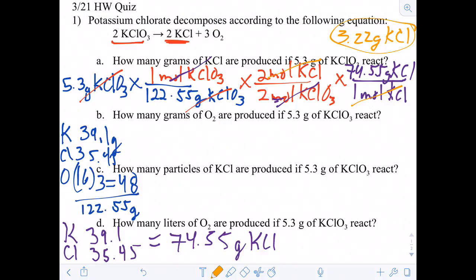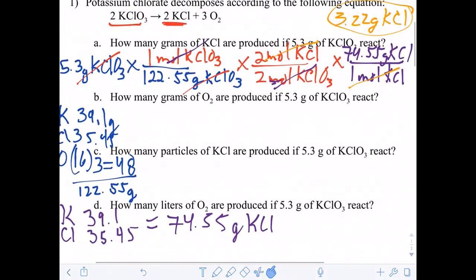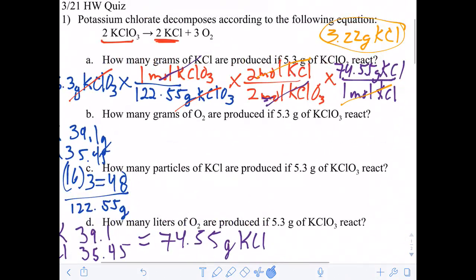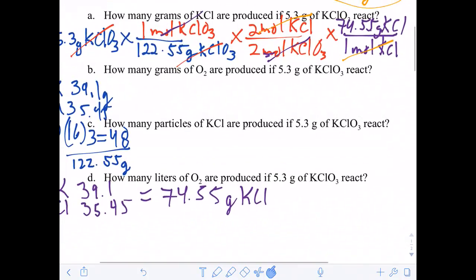Let's do D. Okay. So for D, they're giving me the same amount to start with, 5.3. Actually, here we go. Let's be fancy. So they give me the same starting amount, but they're asking me for liters of O2.